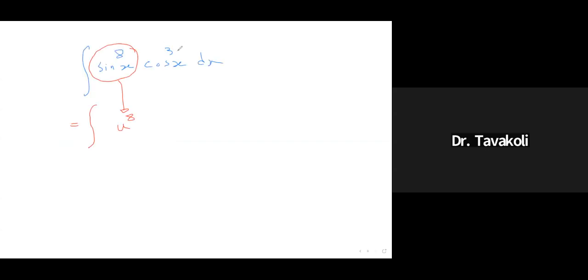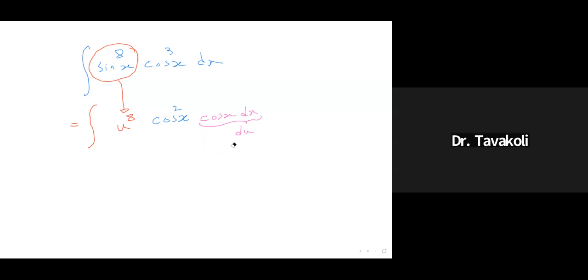I see that I have cos cubed x dx. I separate one cos from that and write it next to dx. So cos x dx is in fact du. But from cos cubed, I separated one cos, so cos squared remains there. So far I have been able to write this part in terms of u and this part in terms of du. How about cos squared?